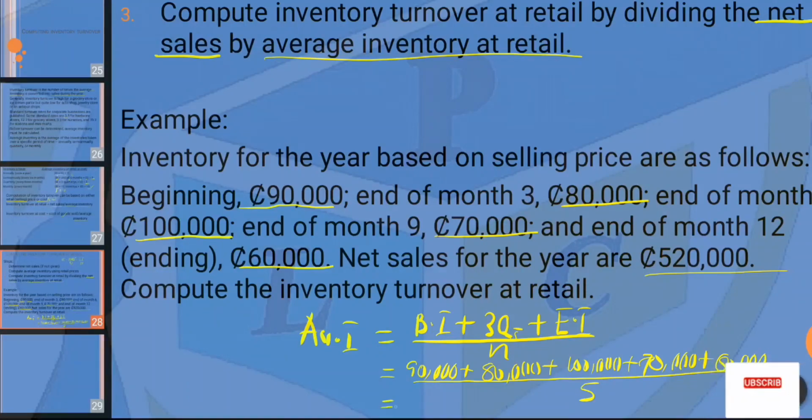When you divide this by 5, with my calculation, I had the average inventory to be 80,000. So I was able to compute my average inventory as 80,000. What was the net sales in the question? It was 520, Ghana cedi. So let me bring it here.